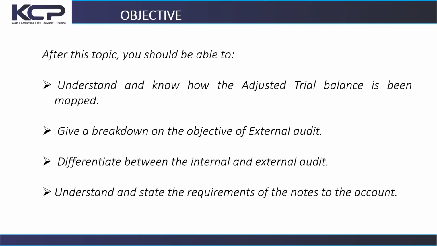I think I need to stress at this point that when you render your role as a financial accountant, you may use either of two methodologies. You may have an automated accounting software that you or the organization use in the preparation of statements.